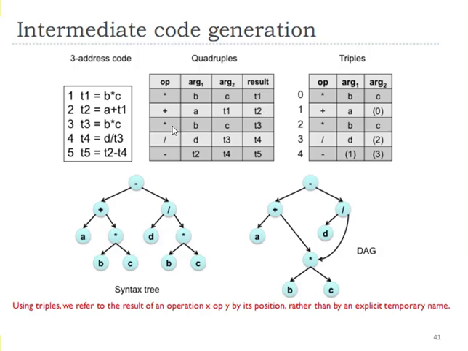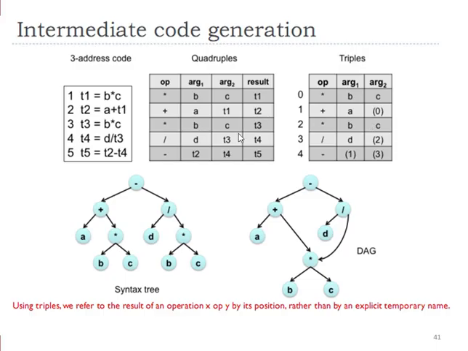And the operator is star. Here the first argument is B, the second argument is C, and the result is T3.